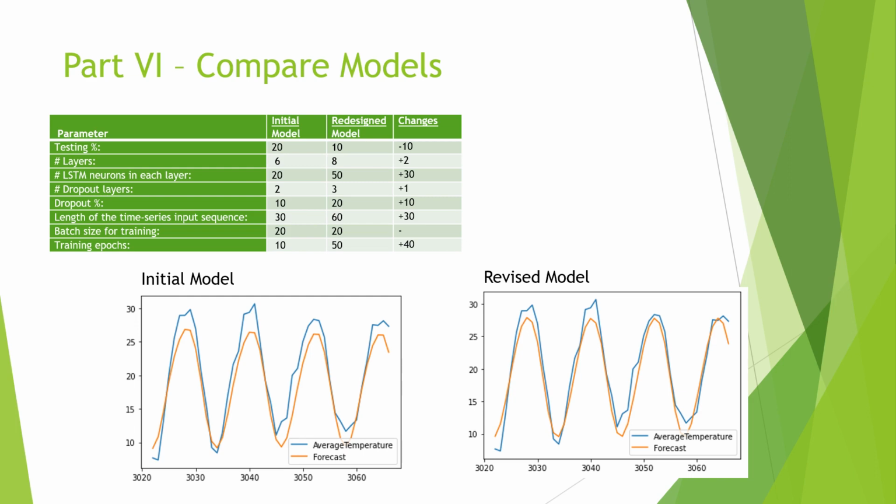When we compare the distance between the orange and blue lines for each of these graphs, we can see that the distance between the lines is noticeably less for the revised model versus the initial model. This indicates that the revised model had less forecasting error. Otherwise stated, the revised model performed better. Based on this result, I assume that the parameters could be slightly adjusted further in the same direction to improve the model's forecast even more.